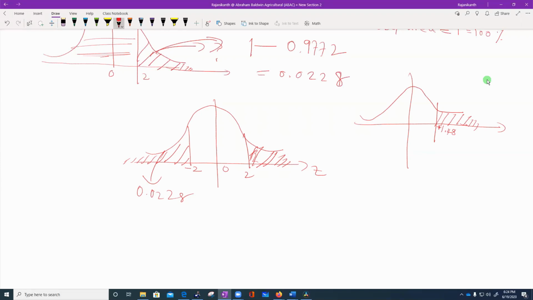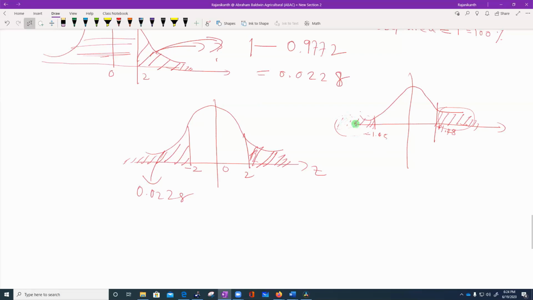Instead of finding plus 1.48, I will mark the point here, -1.48. If I could find this area, then this area and that area should be the same because of the symmetry. Finding the right area to 1.48 is equivalent to finding the area to the left of -1.48.